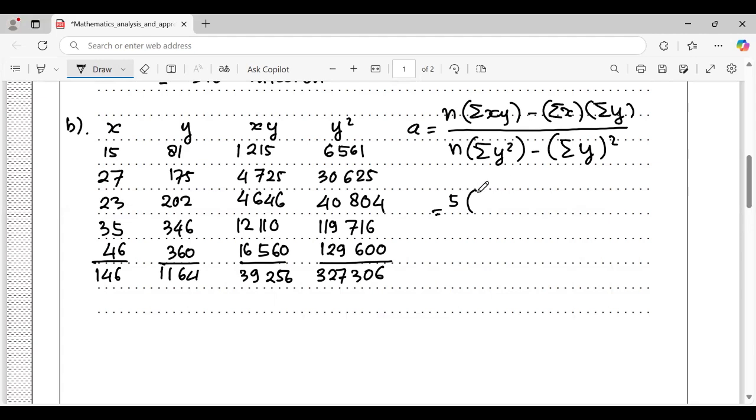Sigma xy, 39,256, minus sigma x, 146, times sigma y, 1164, divided by 5 times sigma y squared, 327,306, minus (sigma y) squared.